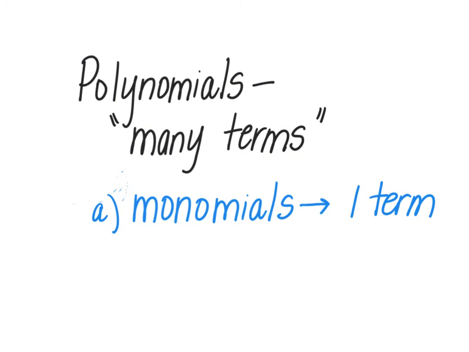So the term polynomial actually means many terms. But a polynomial can actually just be a one-term polynomial, which is called a monomial. Some examples of monomials would be 5x, negative 3xy squared, and 7x to the 0.